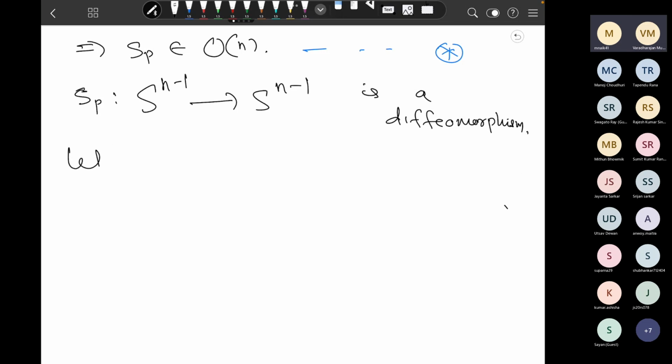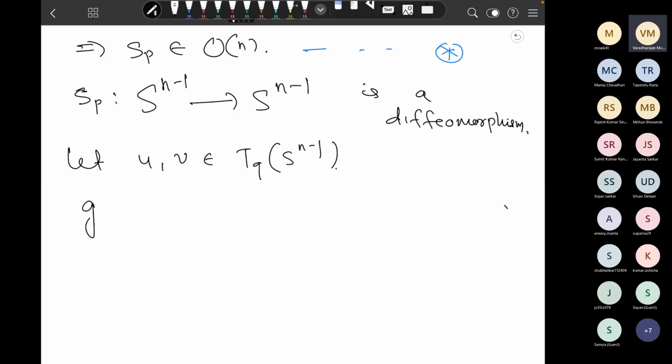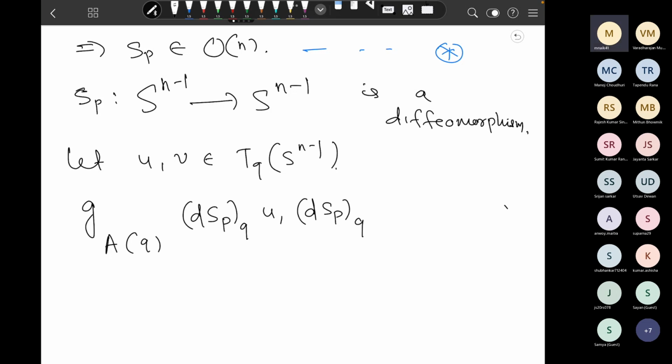Okay, so let u, v belong to T_q S^(n-1). What I have to do, this is the metric on the sphere. So g at q of dSP_q(u), dSP_q(v).